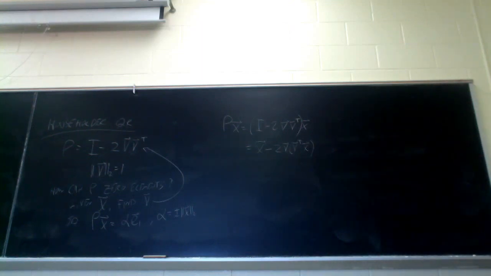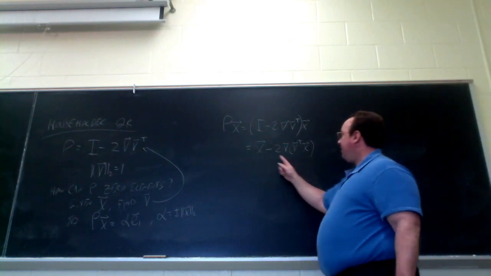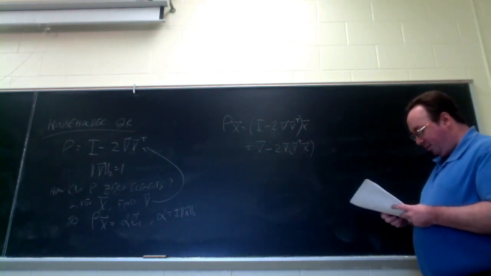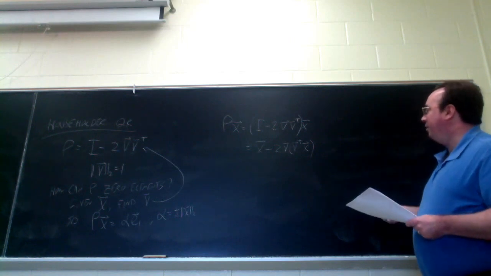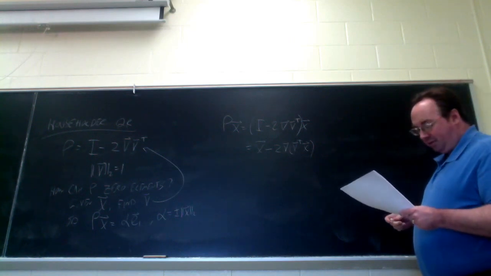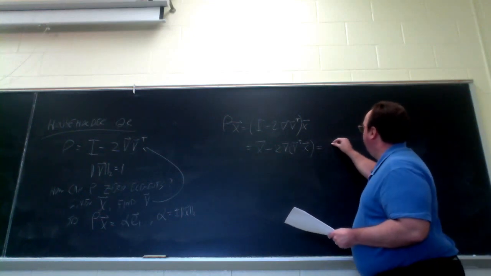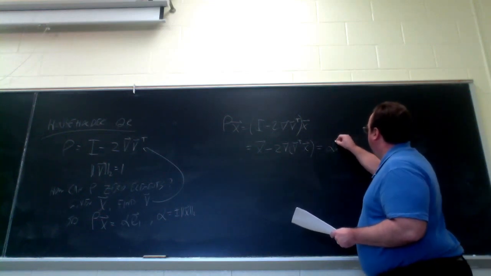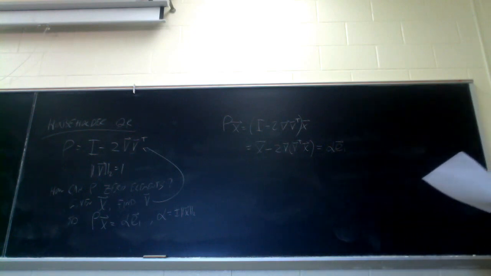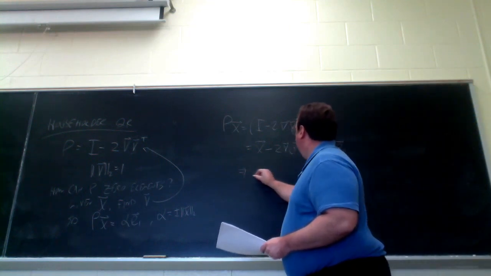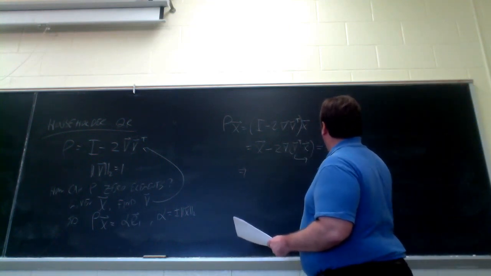So we're going to use this to figure out what V should be in order to have most of the entries of the result equal to 0. I'm going to set this equal to alpha e1, and now rearrange. Move this to the other side, and this to the other side.